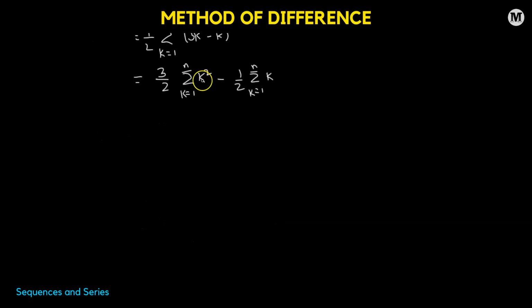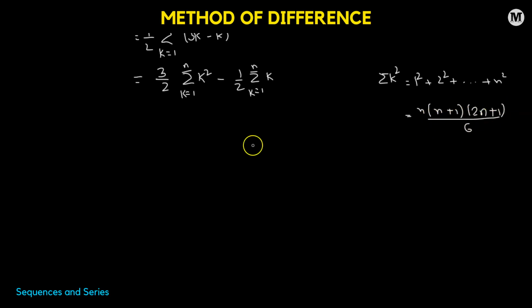Now, summation of k squared, we have a standard formula. Summation of k squared is simply the sum of the squares of the first n natural numbers, and that has a standard formula given by n times (n plus 1) multiplied to (2n plus 1), whole divided by 6. So we can use this formula.